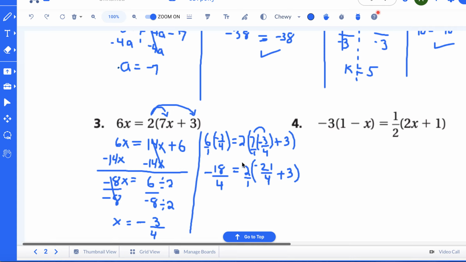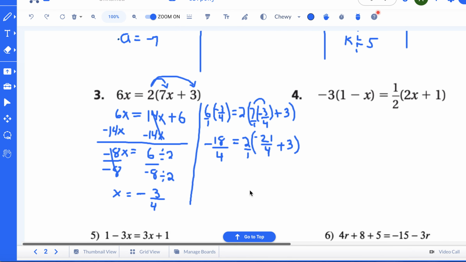I'm going to have 2 times negative 21, which is negative 42 over 4, plus 3. 2 times 3 is 6, plus 6. And that's equal to negative 18 over 4.